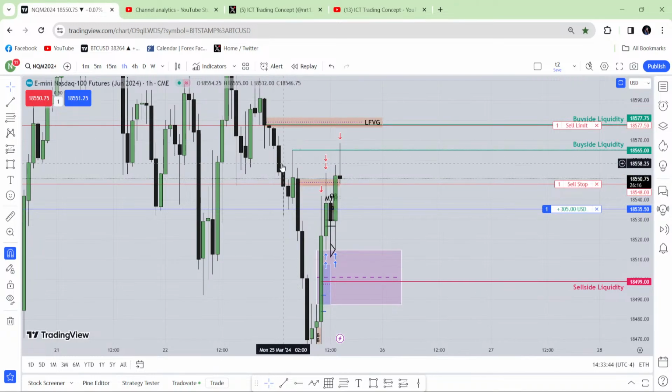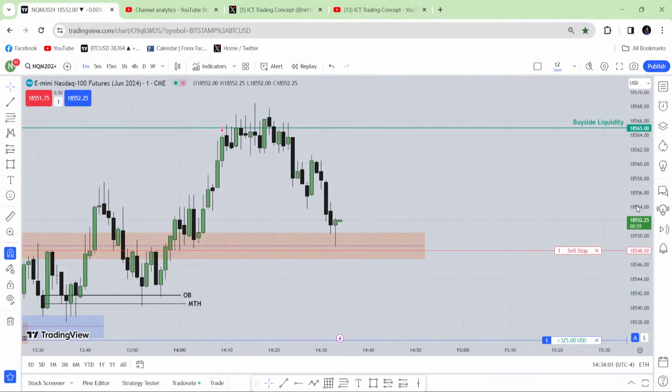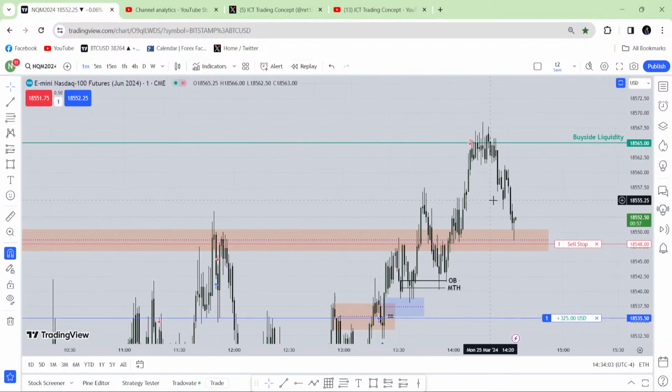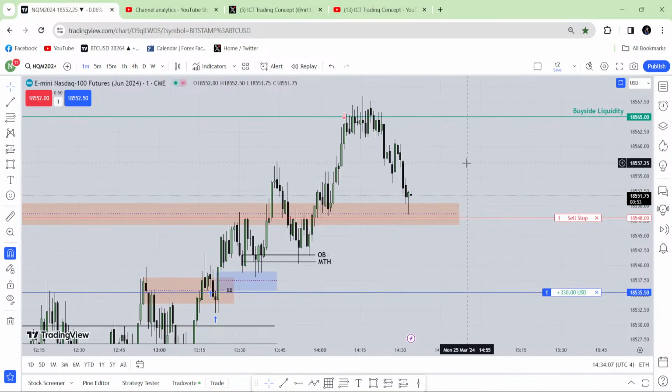Instead of that, I would love to go with the new week opening gap. If there is a new week opening gap and price is actually rejecting from there, it's a valid reason. I'm just ignoring the hourly fair value gap as I'm bullish. This reaction from the new week opening gap is perfectly okay.